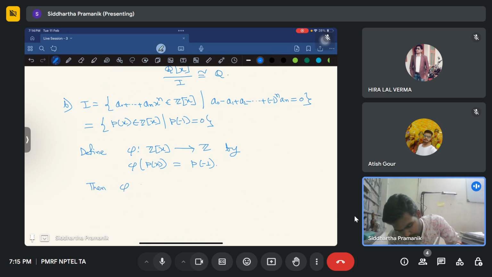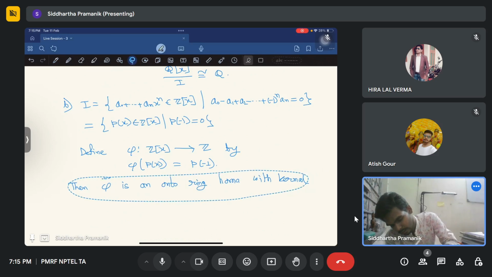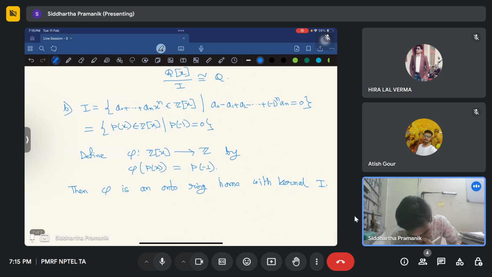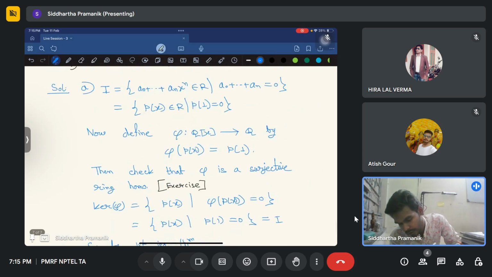Then phi is an onto ring homomorphism. This you can check, and the kernel is I. So this will follow the same way as we have done in the first part. There is nothing to do.